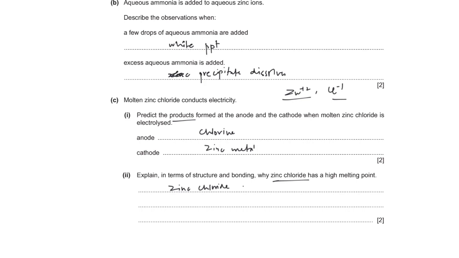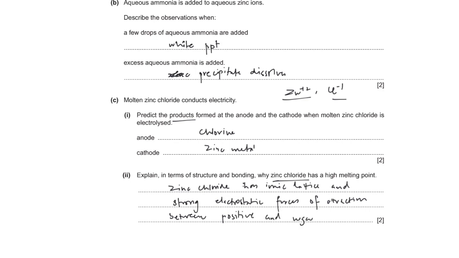Zinc chloride has an ionic lattice and strong electrostatic forces of attraction between positive ions and negative ions.